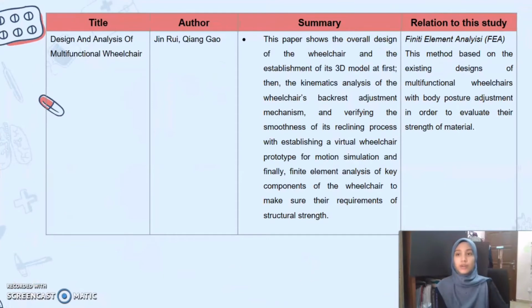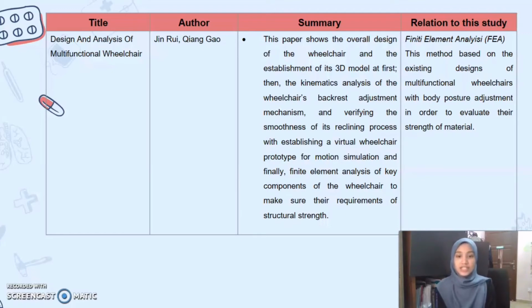The third one is the Design and Analysis of a Multifunctional Wheelchair. The summary of this paper is that, based on the existing designs of multifunctional wheelchairs, a new wheelchair design with a body posture adjustment function is proposed to satisfy the needs of the elderly and the disabled. This paper shows the overall design of the wheelchair and the establishment of its 3D model at first.